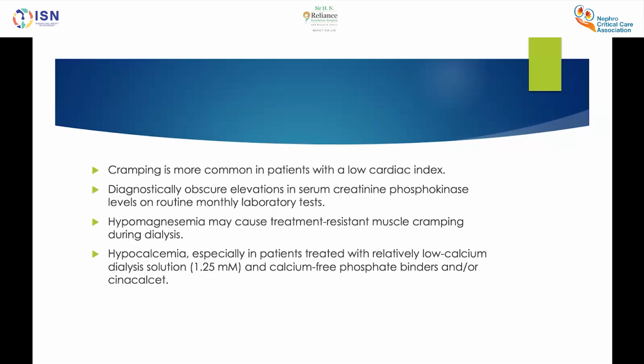Diagnostically obscure elevations in serum CPK levels on routine monthly lab tests is what we found. Hypomagnesemia can cause treatment-resistant muscle cramping during dialysis. Hypocalcemia, especially in patients treated with relatively low calcium dialysis solution and calcium-free phosphate binders or cinacalcet.